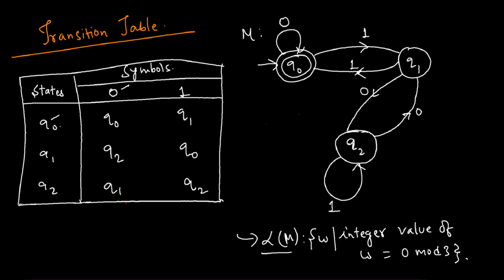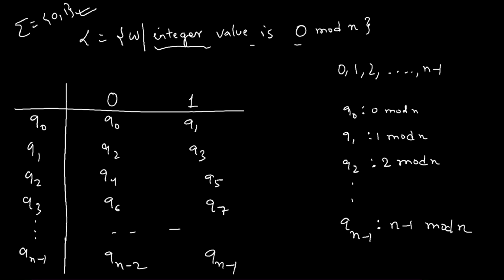How did you define the transitions? Just in a sequence: q0, q1, q2, q0, q1, q2. So this is one of the tricks for this special type of problem.